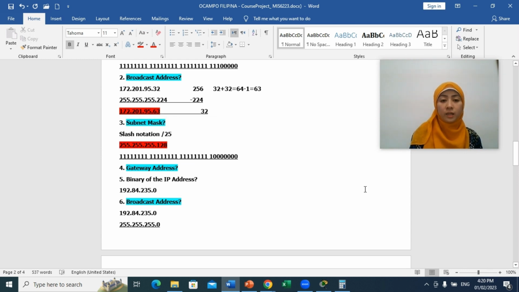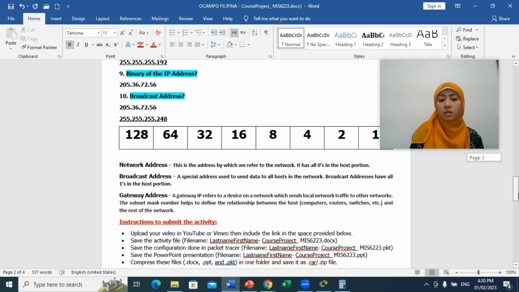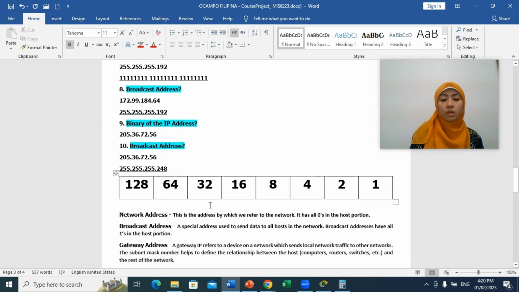I hope it's clear how you get the subnet mask by using this table. This table is very helpful to calculate the binary and the decimal numbers.